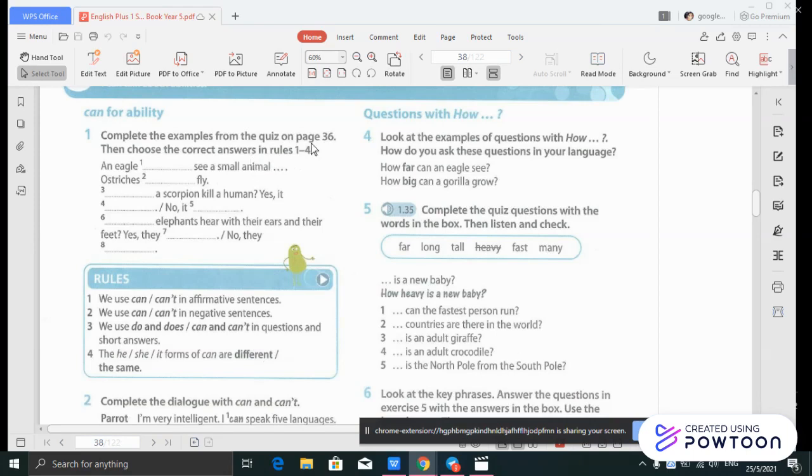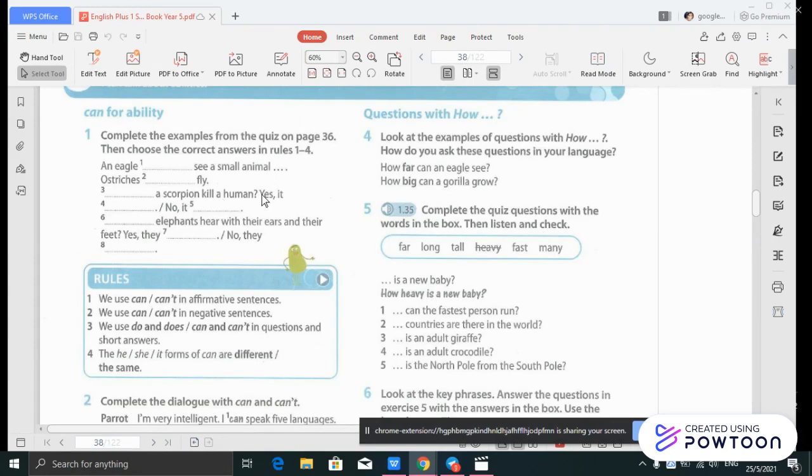You can actually go back to that page, and based on that page, you can answer this quiz. The answer is can and can't. So you just have to say, for example, an eagle can see a small animal from, okay, what is that? You have to go back to the quiz, the earlier page, and you can put the answer. Ostriches can fly or can't fly.